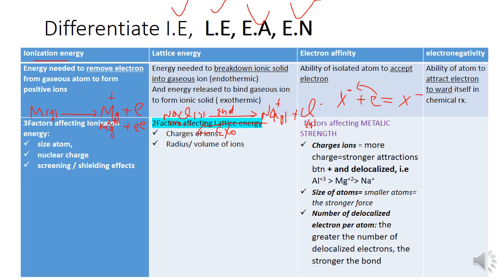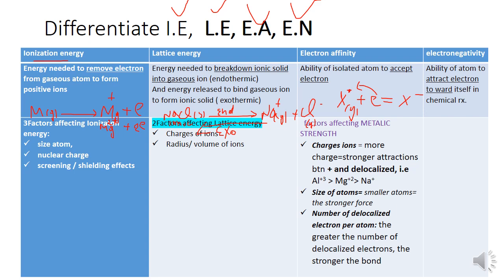Here it is an isolated gaseous atom that accepts an electron to form an anion, which means this is electron affinity. It is the ability of an isolated atom to accept an electron. What about electronegativity? Electronegativity is the ability of an atom to attract electrons toward itself. This is the difference between ionization, lattice, electron affinity, and electronegativity.